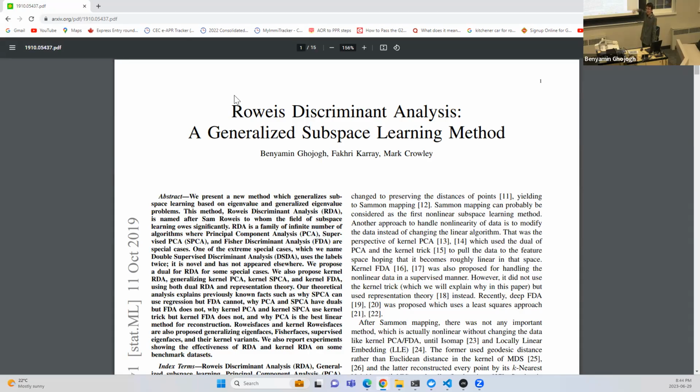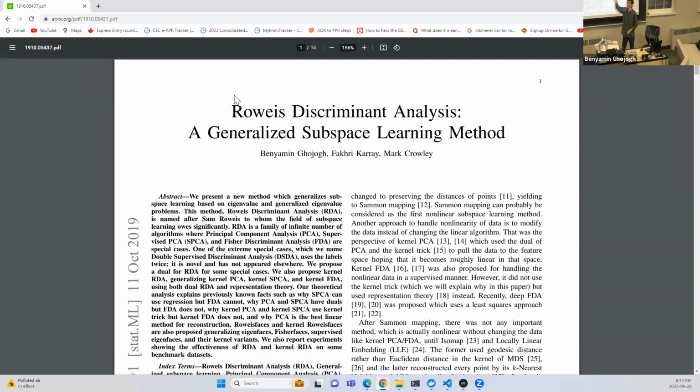Sam Roweis was at the University of Toronto, and also he went to New York University. He was a friend of LeCun too. Ali Ghodsi has worked with Sam Roweis, and he told me some memories with him. Locally linear embedding is proposed by Sam Roweis.